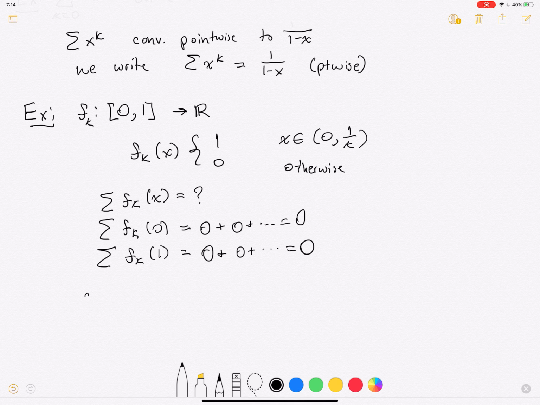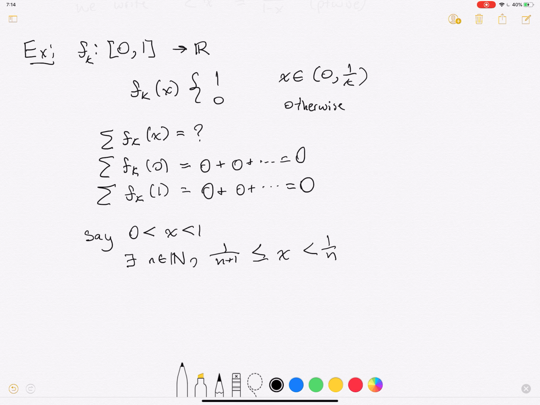Now for everything in the middle, if 0 is less than x is less than 1, then there's a natural number n such that 1 over n plus 1 is less than or equal to x is less than 1 over n. Note that f_1(x) equals f_2(x) equals up to f_n(x) equals 1.